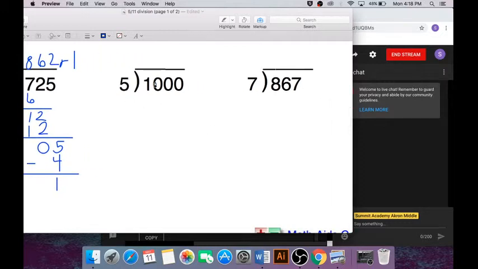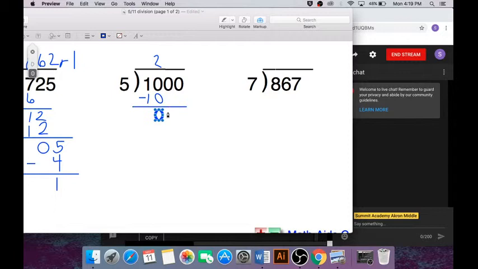Okay. Now we have 1,000 divided by 5. 5 doesn't go into 1, so we move over, and we see how many times 5 goes into 10. It's going to be 2 times. 2 times 5 is 10. 10 minus 10 is 0.